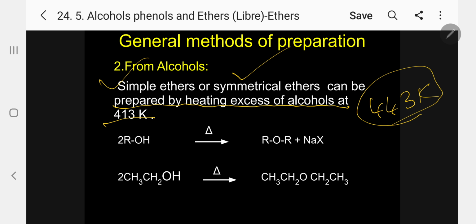Whereas in the case of excess alcohol at low temperature, we are getting ether. Example: 2 ROH, action of heat, gives ROR.